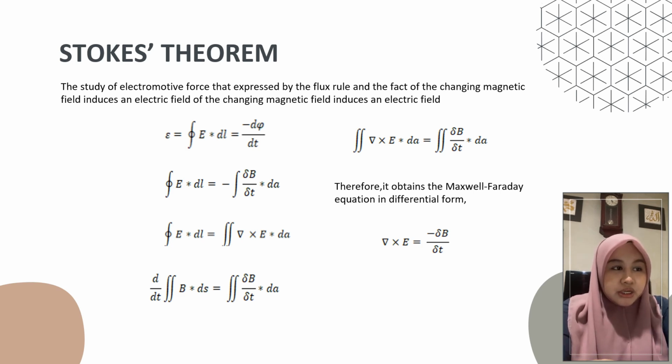From the equation here, B is a function of the coordinate system. The partial derivative must be used. Hence, the vector integrals must be equal, as it assumes that Faraday's law is true for every surface. Therefore, it obtains the Maxwell-Faraday equation in the differential form.